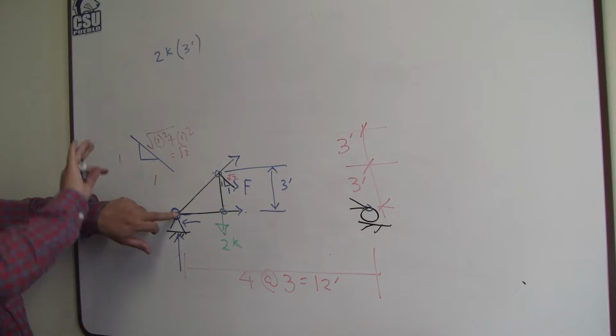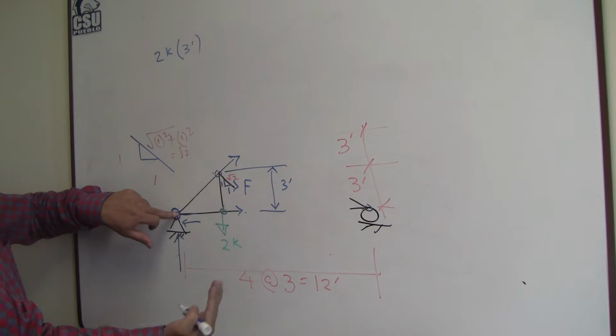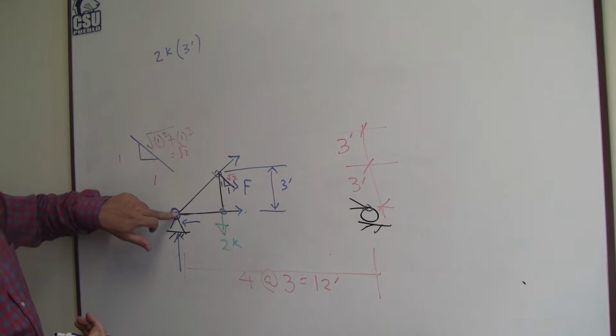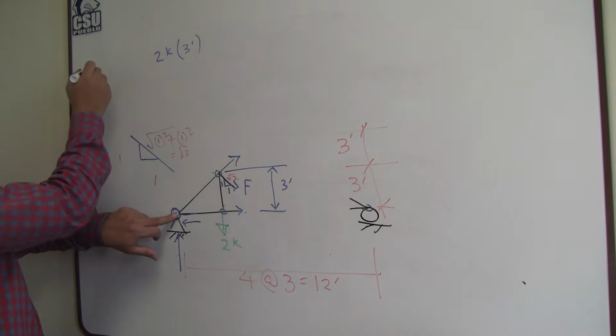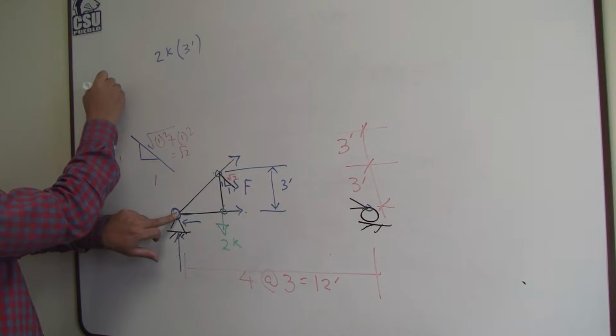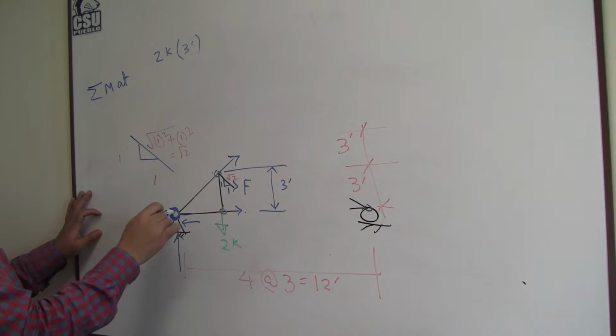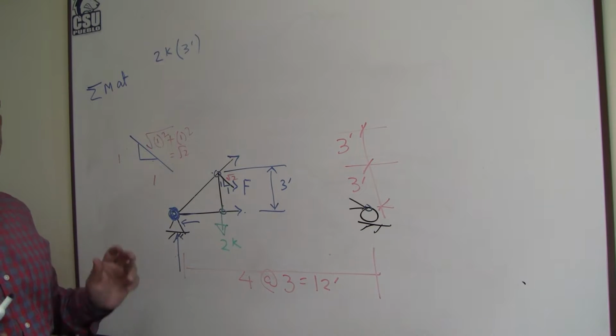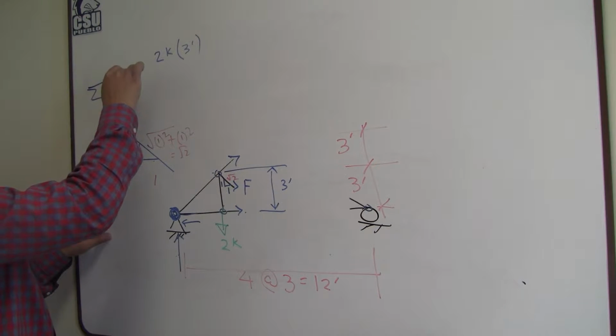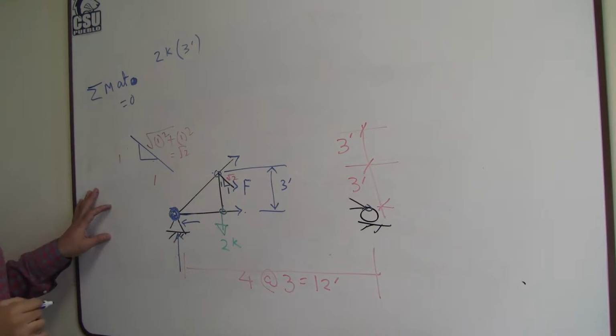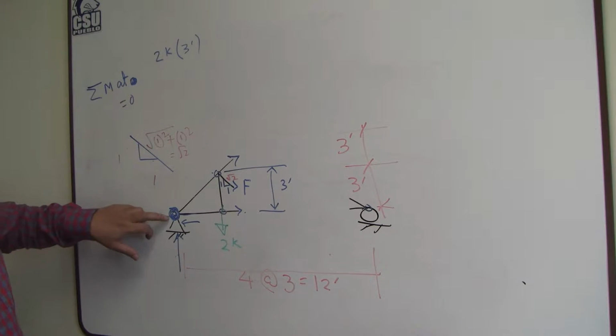Now I can assume clockwise moment is positive or counterclockwise moment is positive. Say okay, first I do summation of moment at where? Here. What is the name of this? I did not give any name. Okay, right. At here, moment at this point is 0.